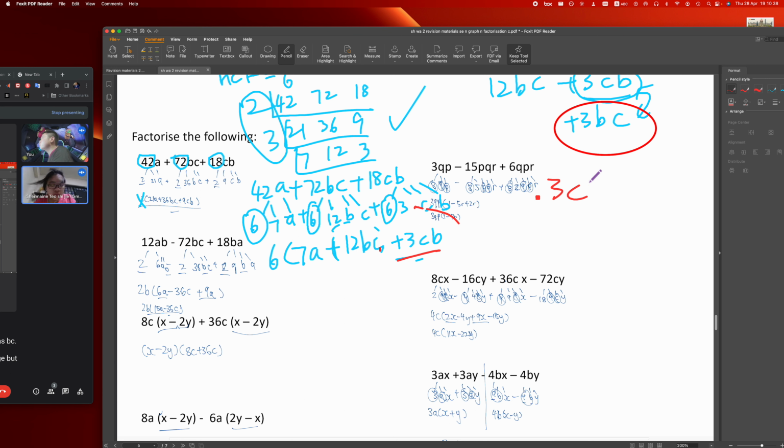They give you 3CB. What is our convention? What did I say just now? Why 3BC? Why is 2yx equal to 2xy? The B comes first. Yes, exactly.